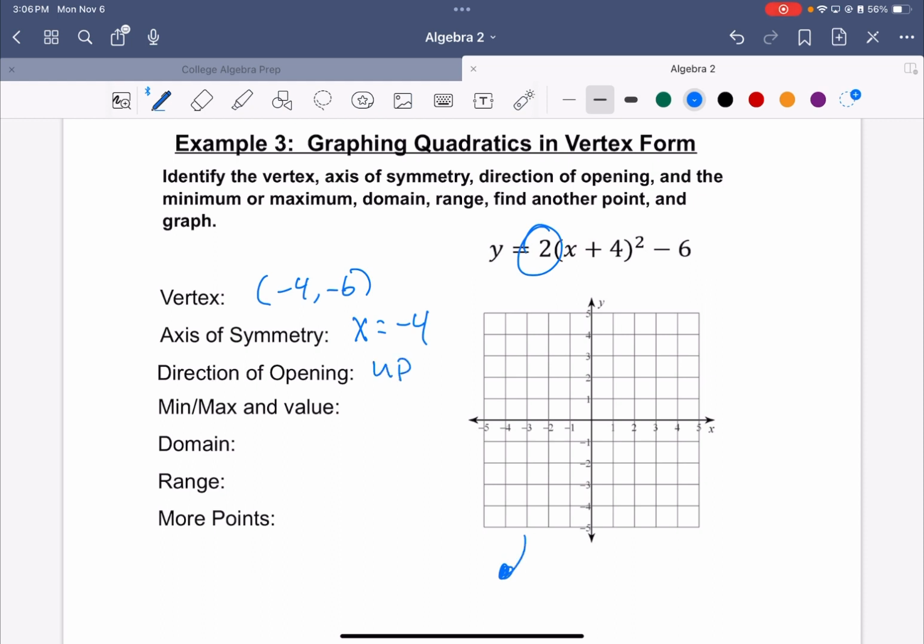So it's a max or a min? Min. Min means low. So it's a minimum. What's the value? Negative 6. Domain, negative infinity to infinity. Range, what's my bottom number? Negative 6. What's my highest number? Infinity.